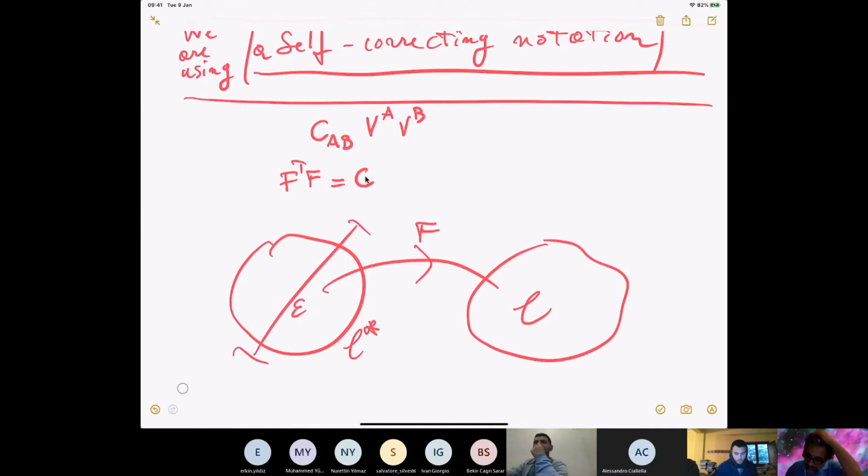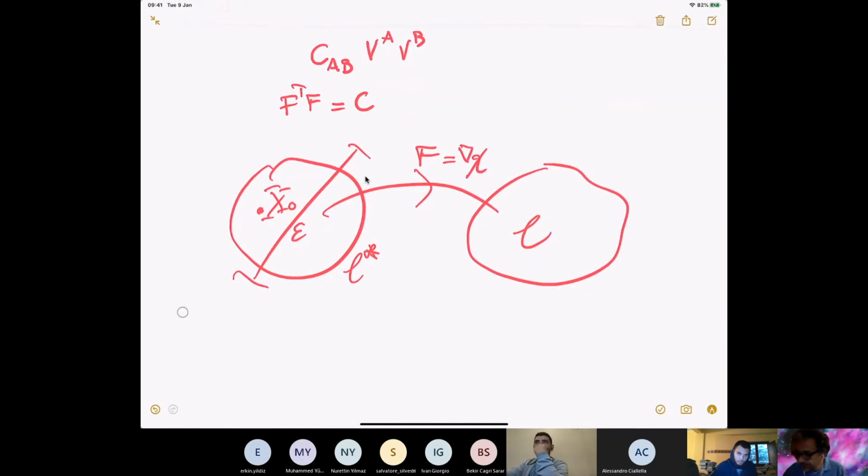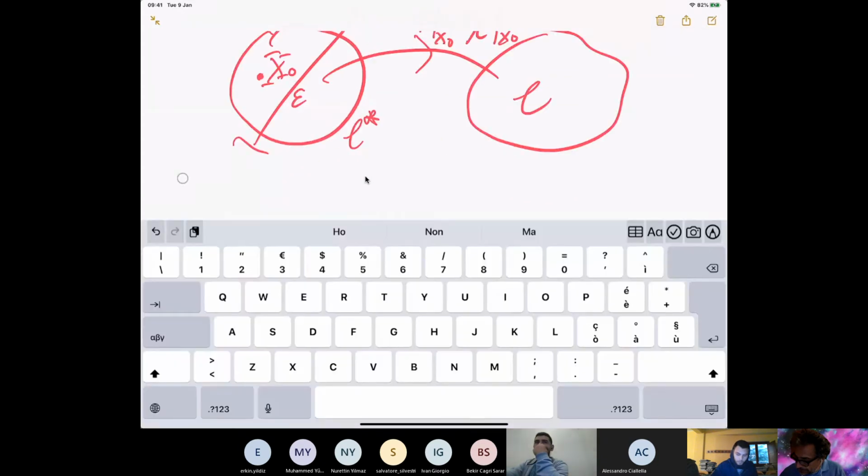So we are considering the Taylor expansion. We have a central point x0, and the deformation is fully described by F equal gradient of chi in x0. You remember, we started doing this, okay?